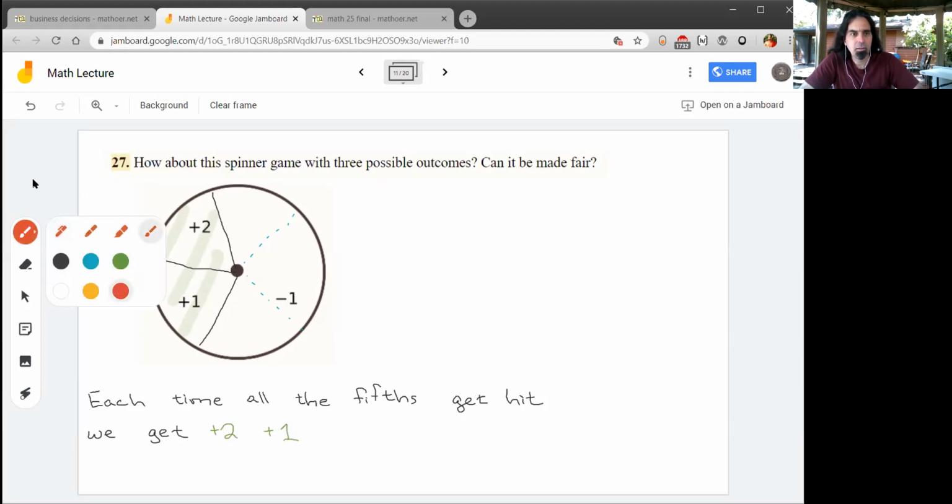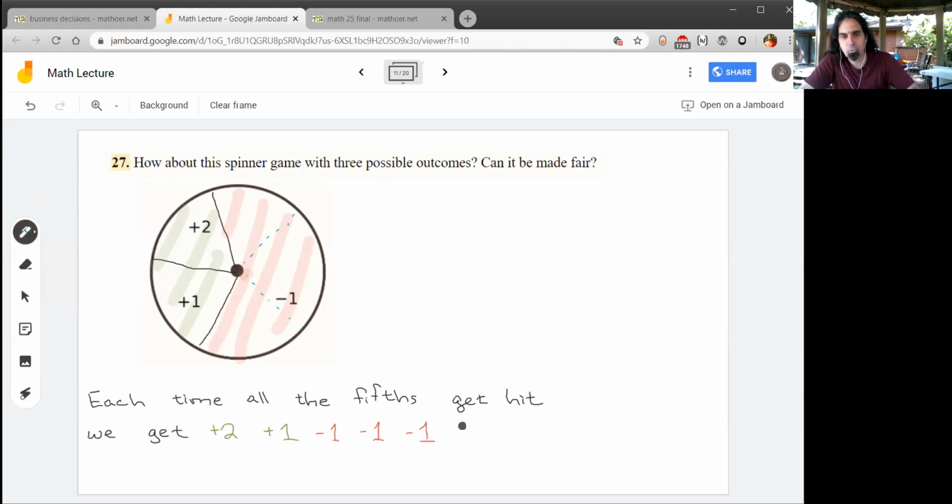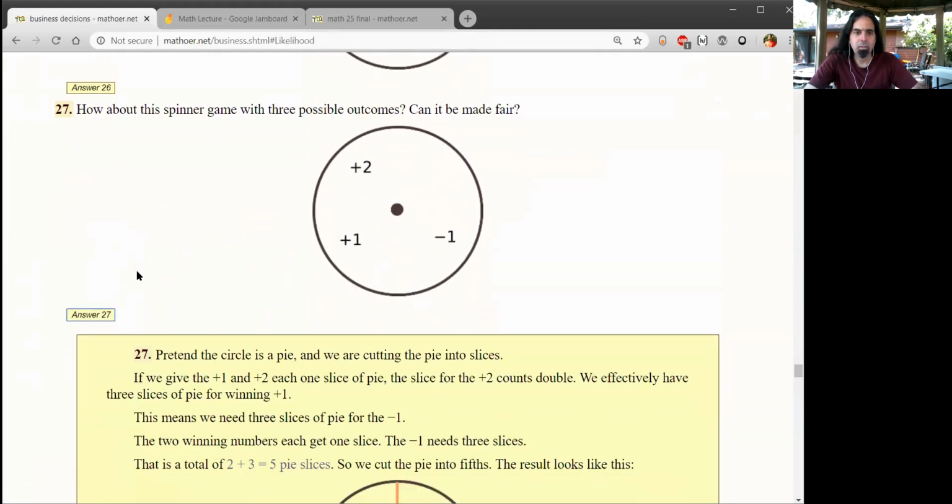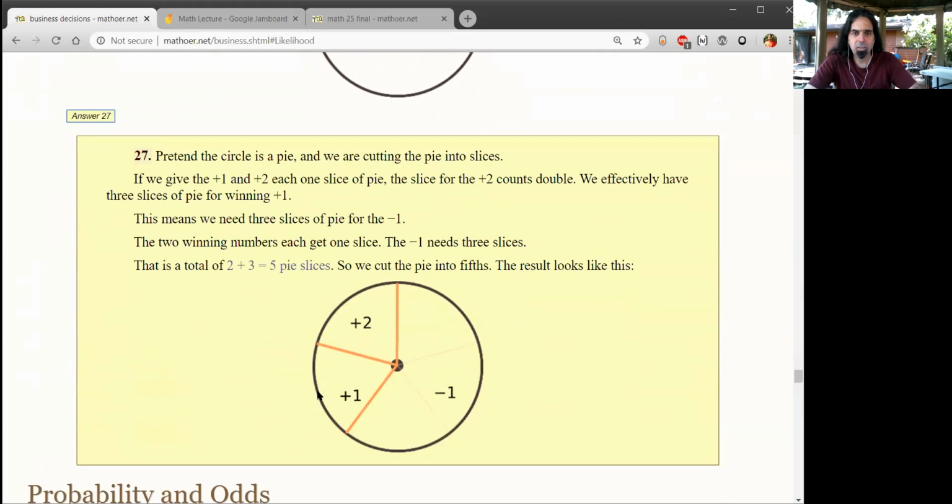And then we'd have a -1 and another -1 and a third -1. So that is indeed 0 overall and fair. If you want to see it drawn slightly better, then there we go with actual fifths instead of my version.